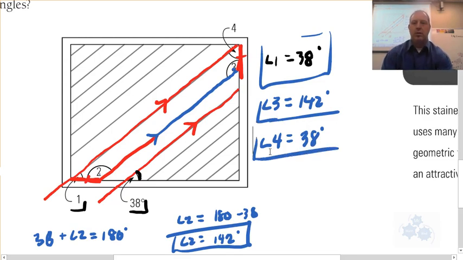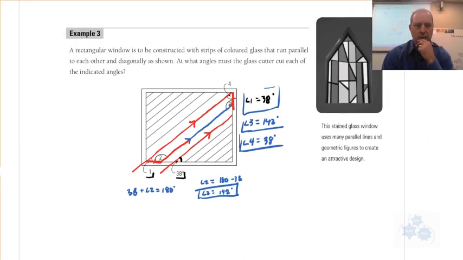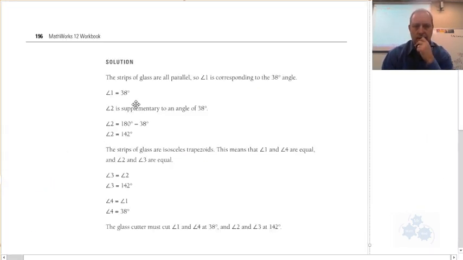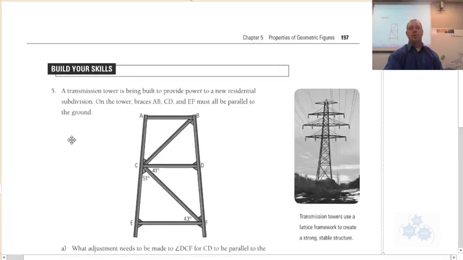Okay. So that's example 3. Let's see how they did it here. Yeah, so 38, 142, and 142, and 38. Isosceles trapezoids right there. Okay.